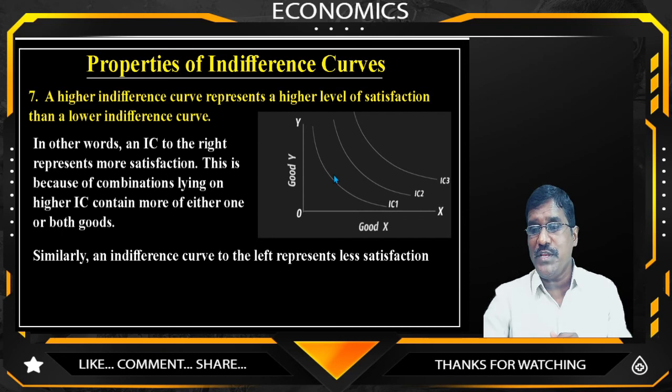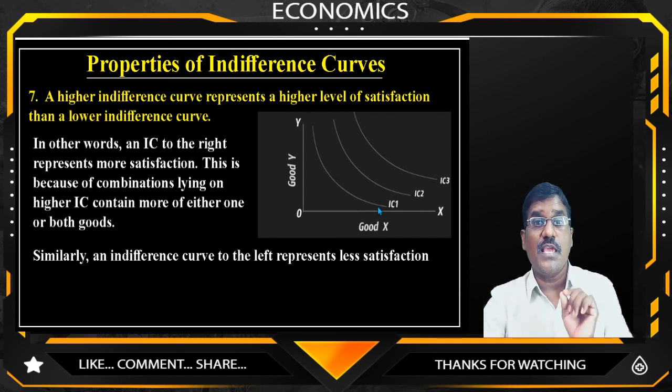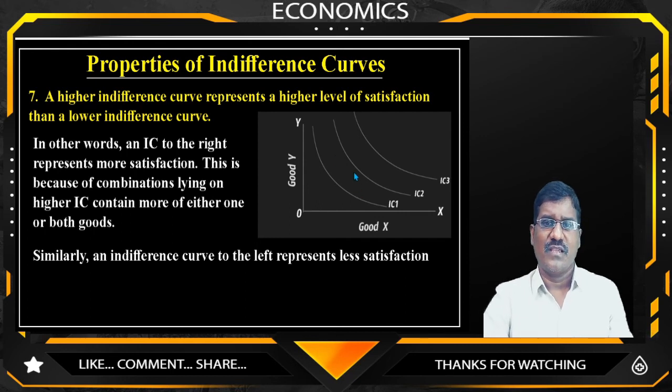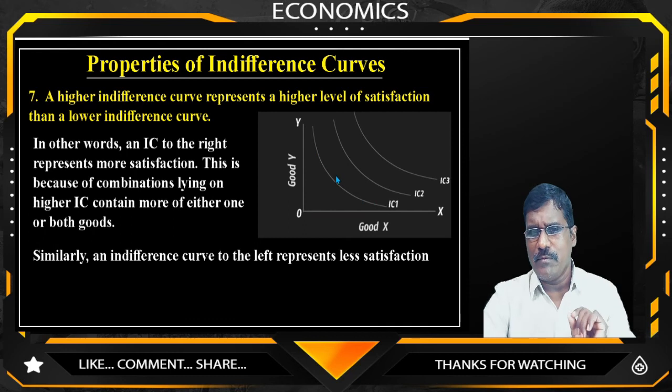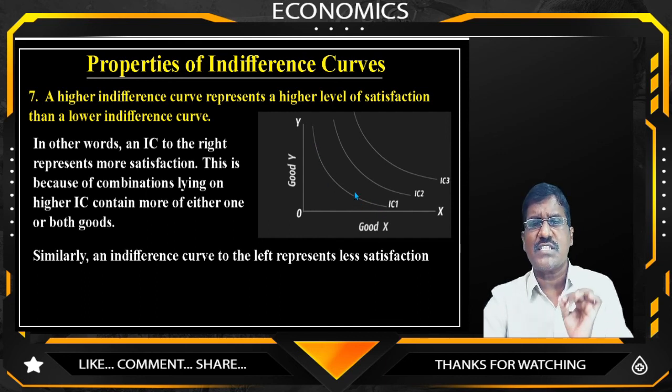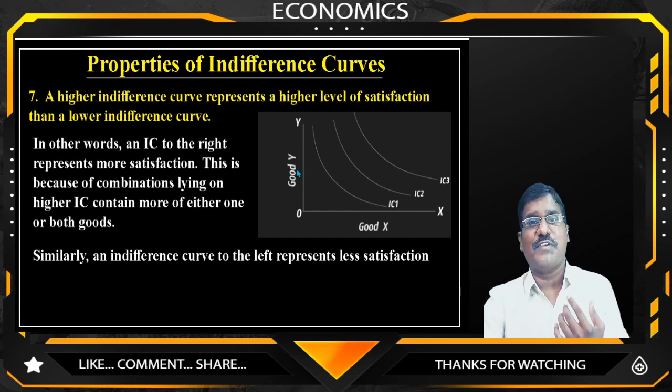But one thing to be noted: all points on one curve give the same satisfaction. For example, assume five points are there; each point will give us the same satisfaction. Any point on an indifference curve gives the same satisfaction, but a higher indifference curve gives more satisfaction than the one below.